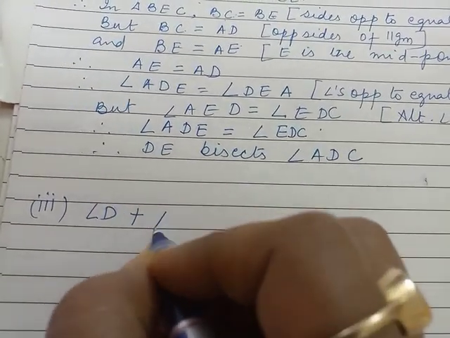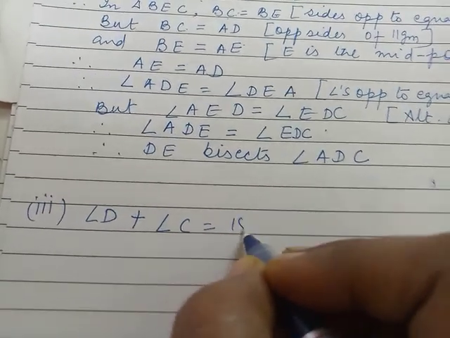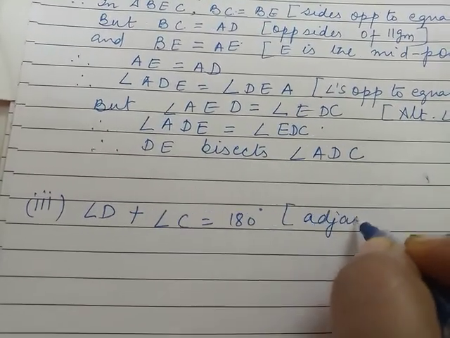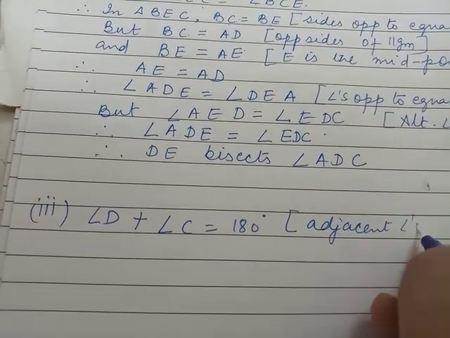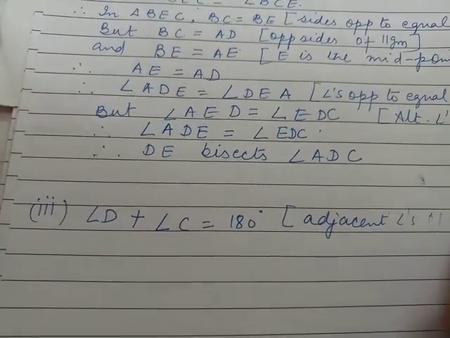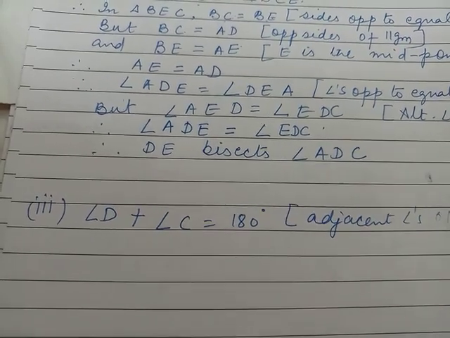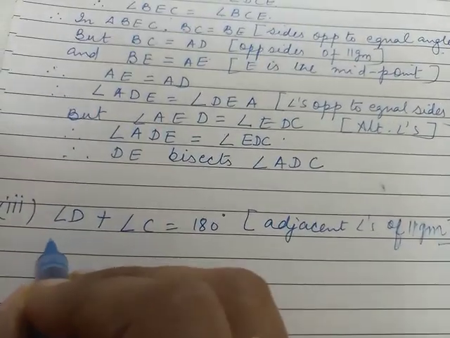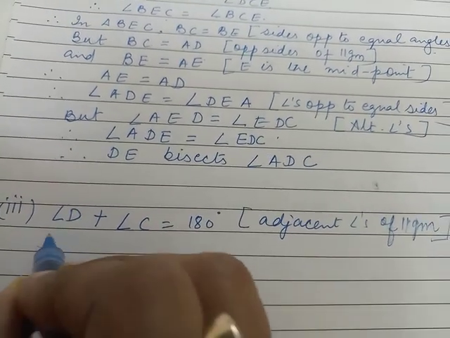Angle D plus angle C is equal to 180. Reason, adjacent angles of parallelogram. Then I multiply half to the complete equation.